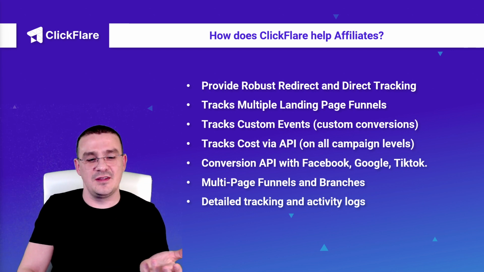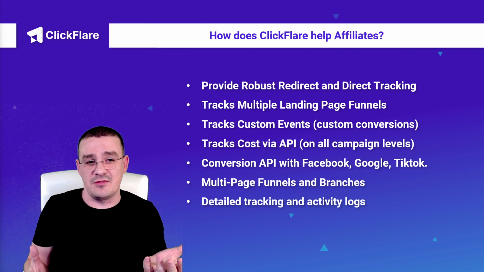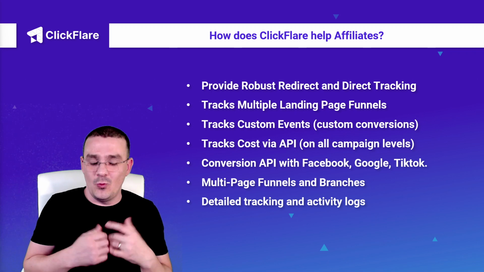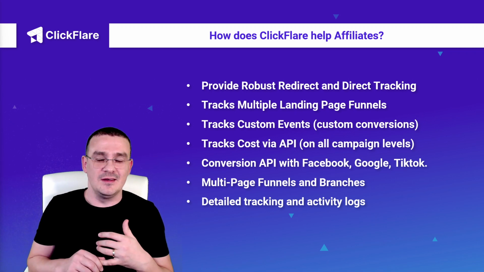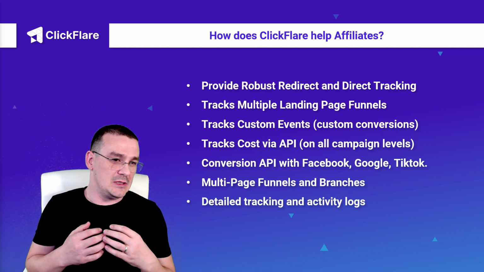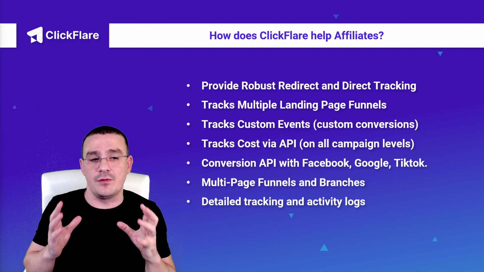So all these details that every affiliate needs are already supported by ClickFlare. One other thing which is pretty useful for affiliates is having the ability to track or post conversions based off the real offer URL.